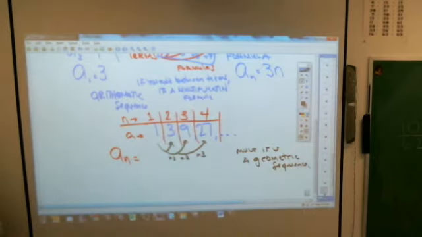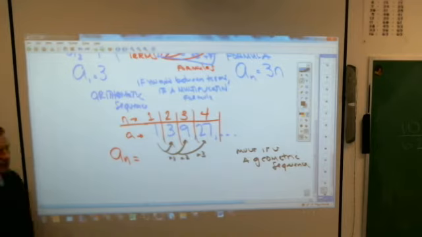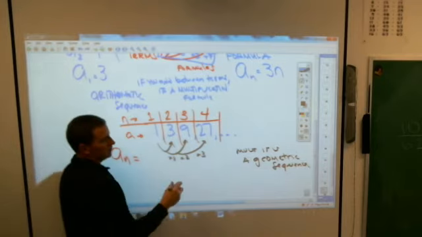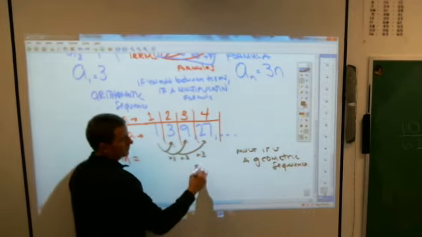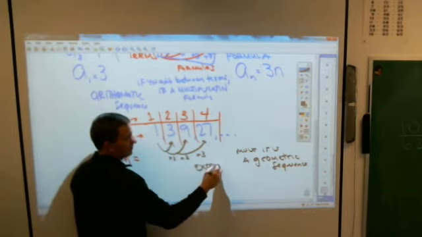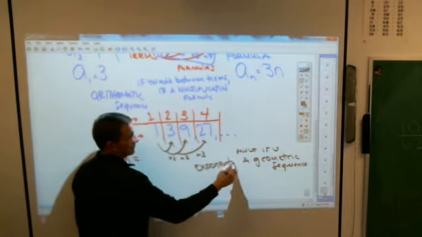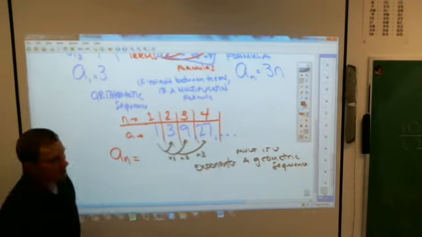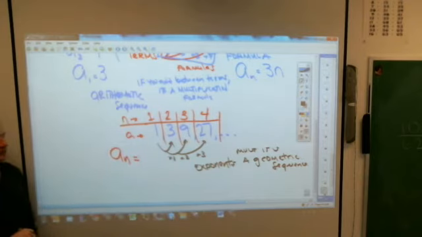Now, I will give you a clue here. Anytime it's multiplication between the terms, you use exponents some way. Somehow in your formula you will use an exponent.